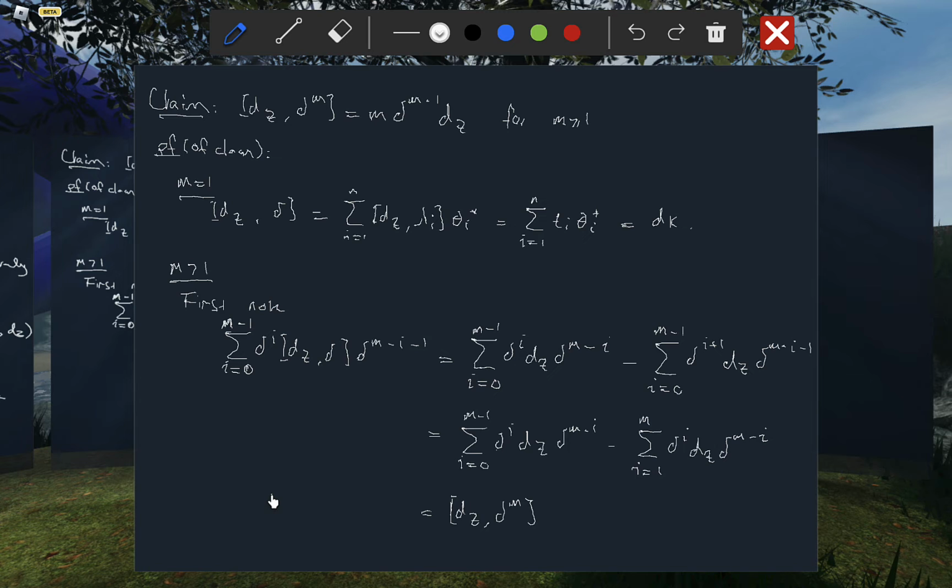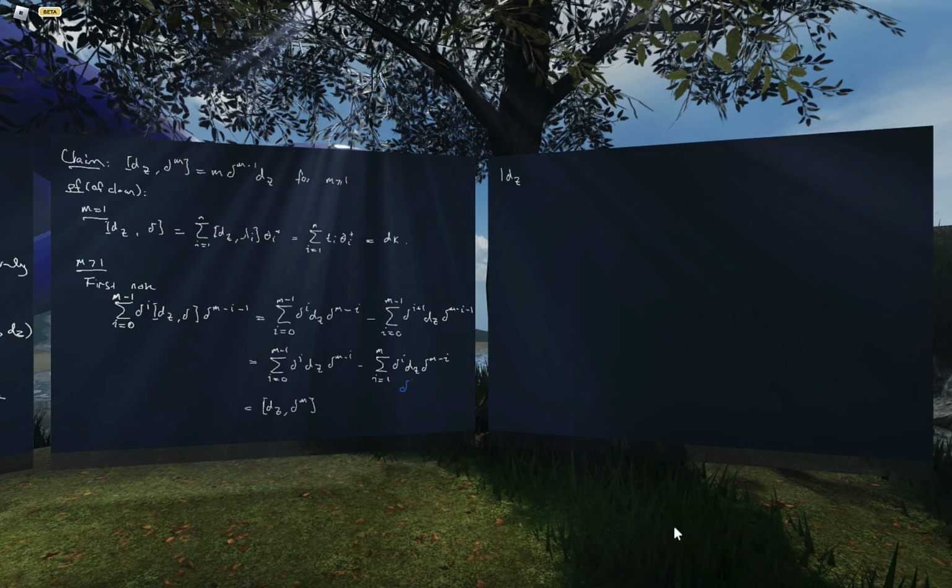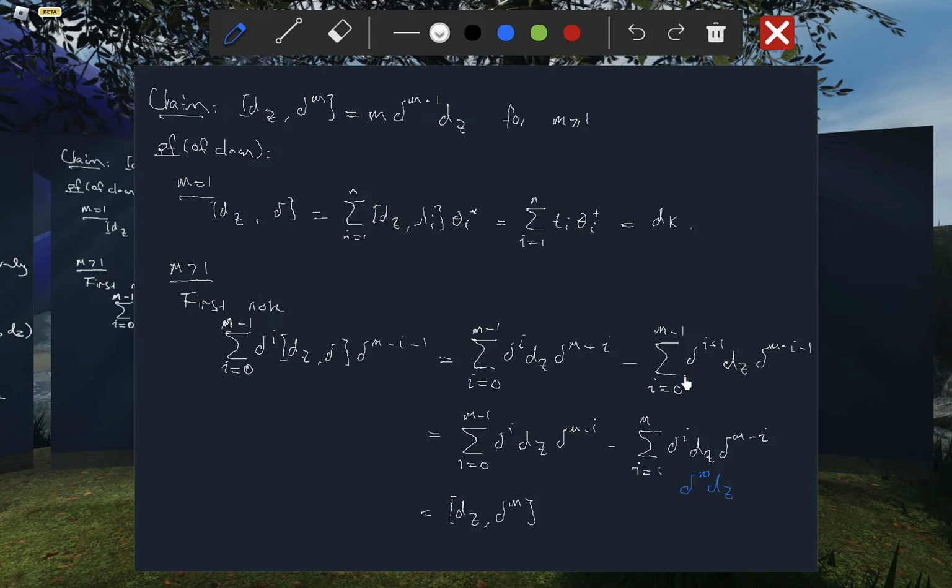Wait, what? The m term is... Oh, yeah, okay. All right, yep. I got it. I can help with this as well. So I'm just not seeing how this has proven the claim.